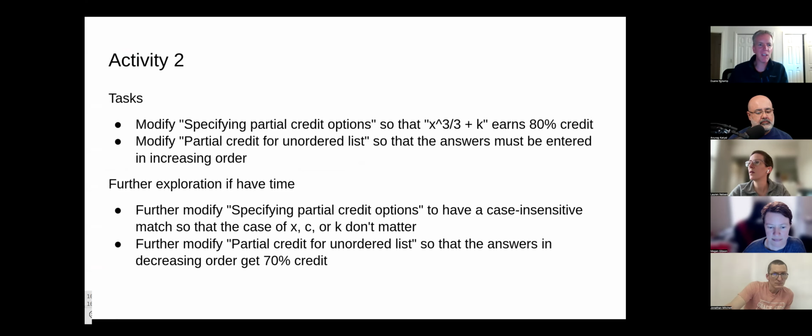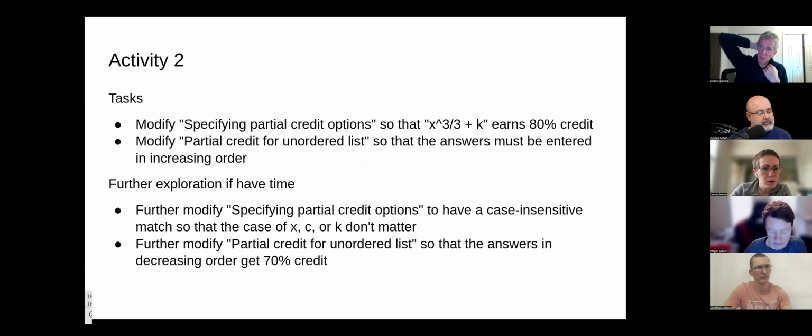I'll paste this into the chat, but here's your exercise. Paste that in the chat so you don't have to stare at the screen. The idea is to allow a different number, be 80% credit, a different letter here, and then change it so that the answers must be in increasing order.